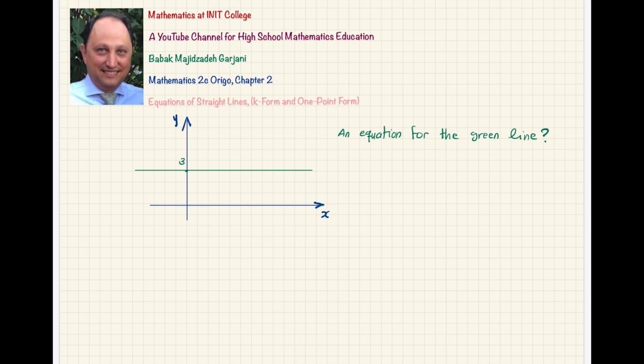And this analytic geometry that we are studying right now is a connection between geometry and algebra. So we want to specify each geometric object with an algebraic equation or with numbers.